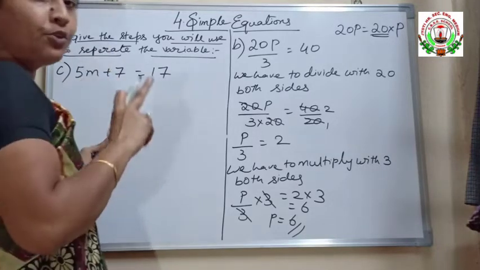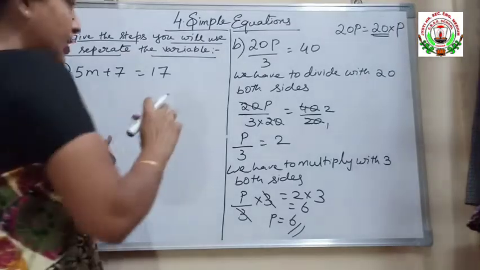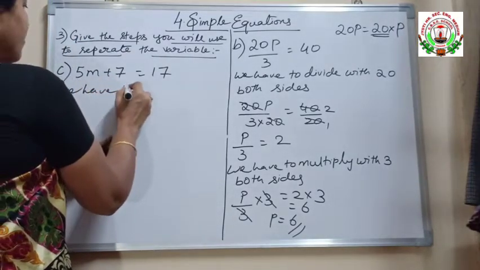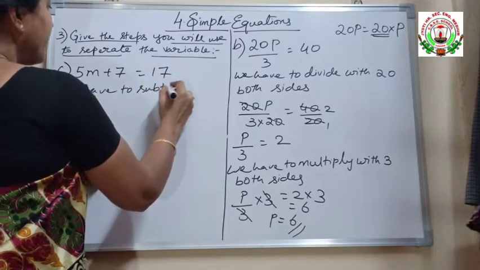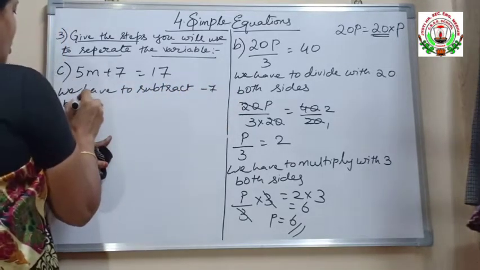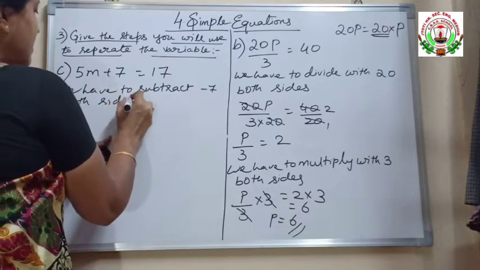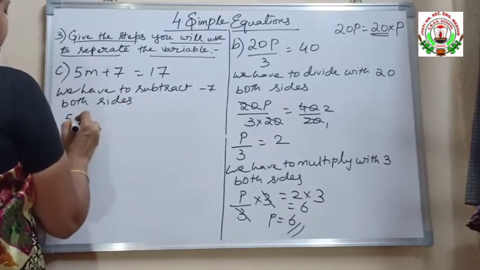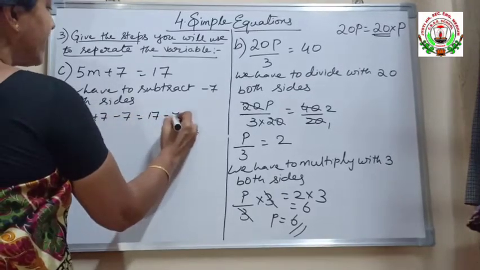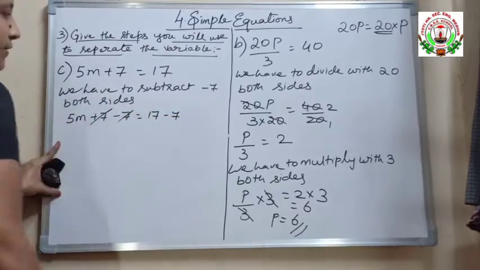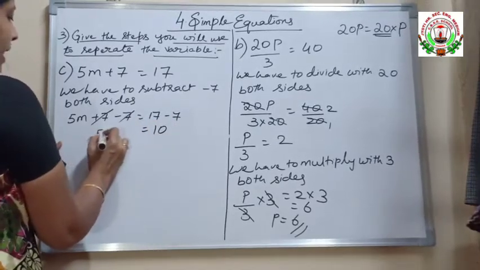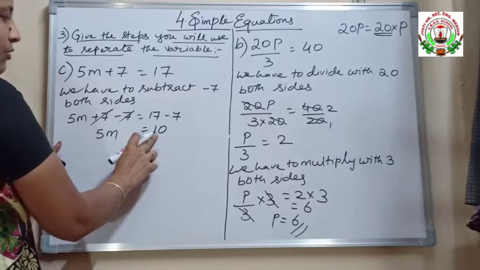So first we are going to remove that addition part, so we have to subtract minus 7 both sides. So this will become 5m plus 7 minus 7 is equals to 17 minus 7. Plus 7 minus 7 got cancelled and 17 minus 7 is 10. So I have got the answer as 5m is equals to 10.